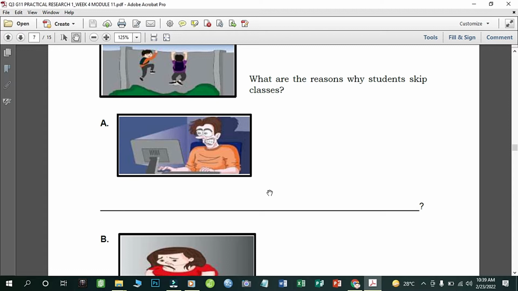You might state: what are the reasons why students are addicted to online games? Or what makes online games so interesting to the students? Or what are the health effects of computer addiction? Those are some examples of research questions for this picture.